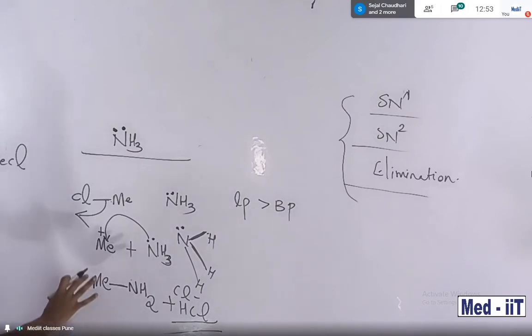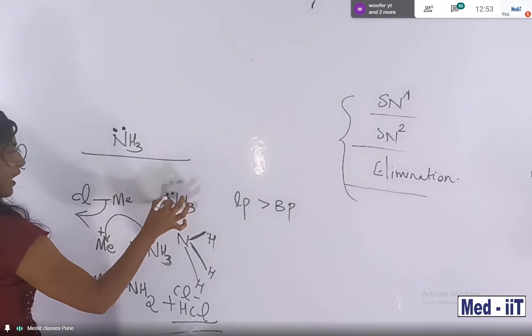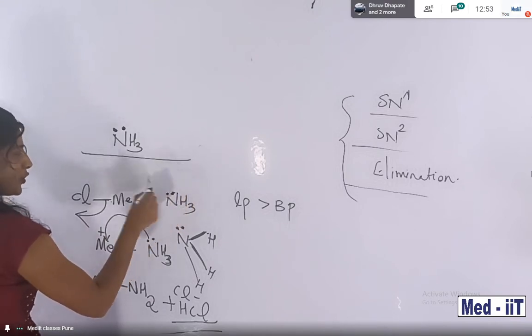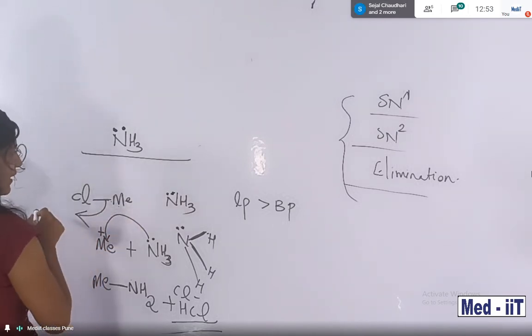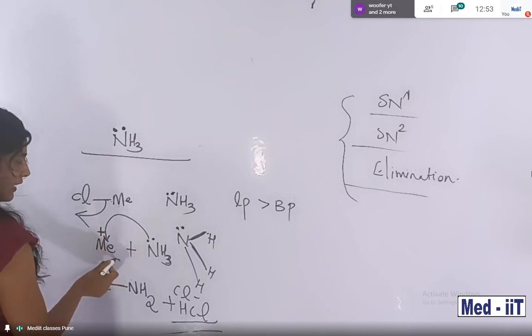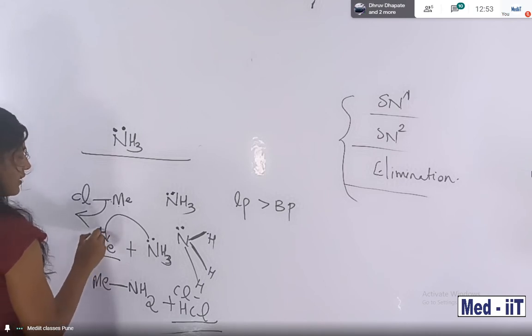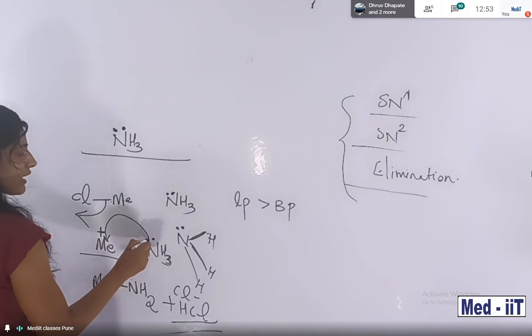Understood? First of all, I am repeating once again. Listen to me. Ammonia contains a lone pair.